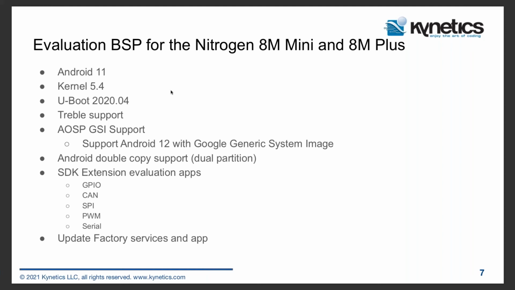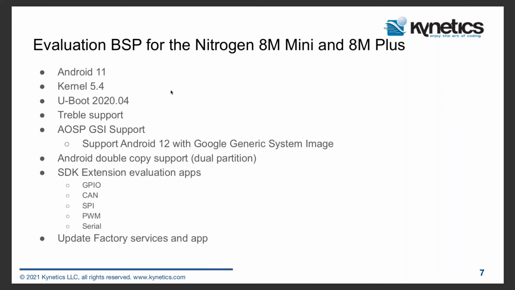We do use Treble to eventually allow you to move to Android 12 using what is called the Google Generic System Image. You're just pushing the system image and you're not touching the kernel and the vendor package where all the vendor-dependent code resides, but you can then have a brand new Android 12 user space for your evaluation.